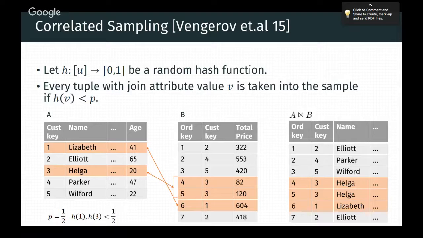And every tuple with join attribute value v is taken into the sample if h(v) is smaller than p. So the probability that h(v) is smaller than p is p. Then in this example, we have h(1) and h(3) smaller than 1/2. Then all tuples with value 1 and value 3 will be taken into the sample.